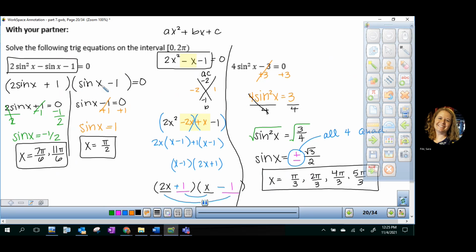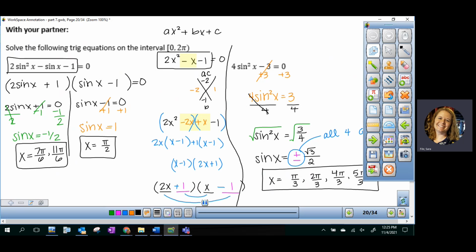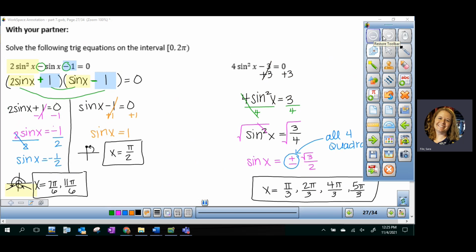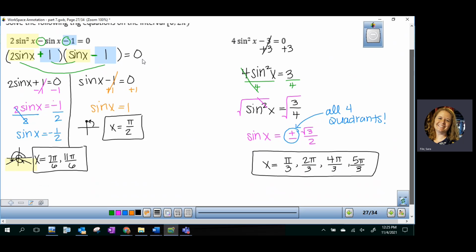Yeah. So if you need to do that scratch work off to the side like this, that's fine. You can do that and then put it back in terms of sine or cosine or tangent, whatever trig function is there. Whatever is easier for you to understand. Now, once I had it factored, I split and solve.